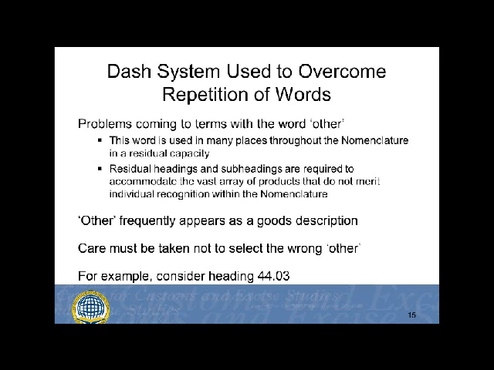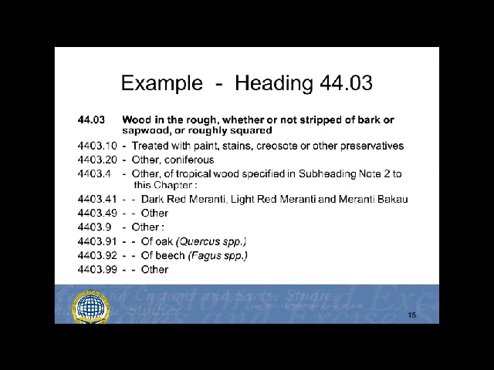For example, consider heading 4403 as a means of working our way through the subheading structure. If you have it, it may be useful to have a copy of this in front of you, as Lily suggested earlier on. If not, there is a copy on the screen now. There are five occurrences of the word other within the structure of heading 4403.